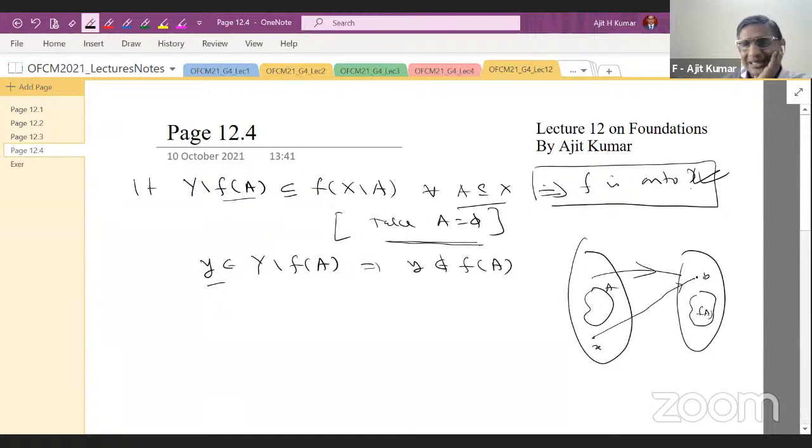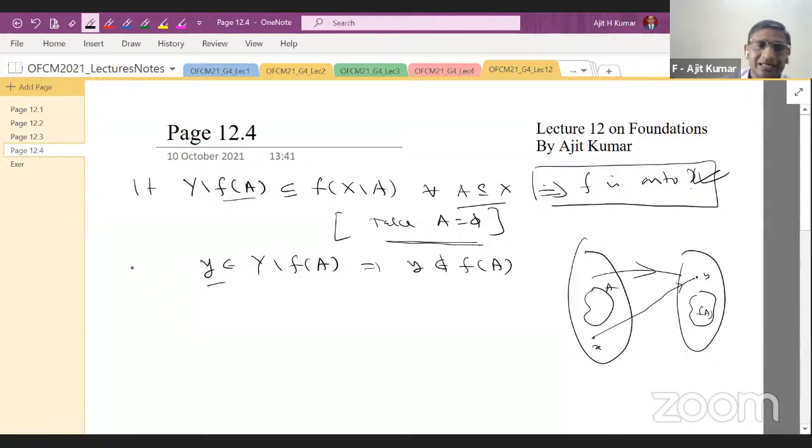But y is outside f of A. Can we find x? We have no way to generate what should be x, unless f is onto, we cannot find some x which goes to y.